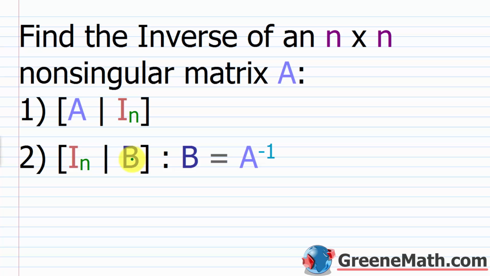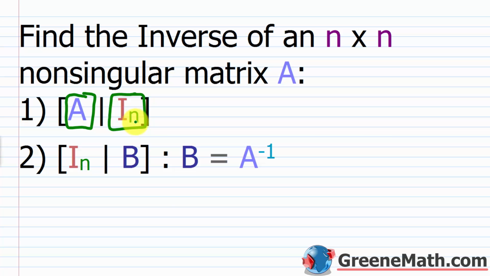Okay, so if you want to find the inverse of an n by n non-singular matrix A, this works for a 2x2, a 3x3, 4x4, whatever you want to use it on. You start out by setting up, in step 1, your augmented matrix where matrix A goes on the left and the identity matrix of the same size goes on the right.